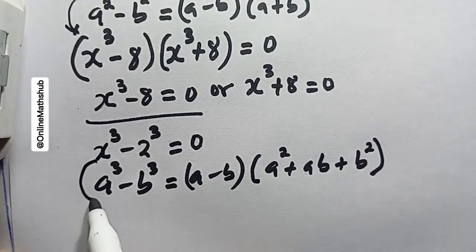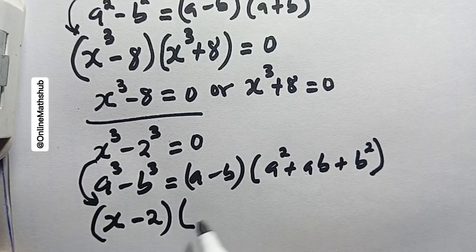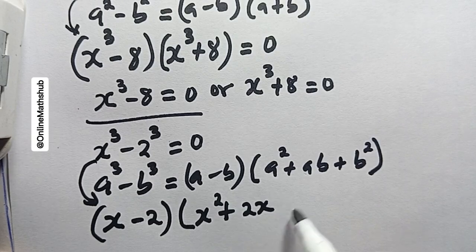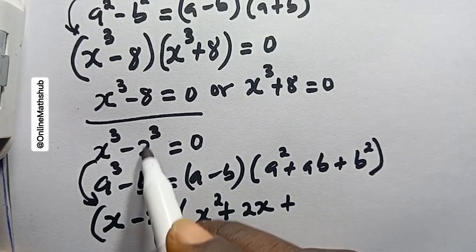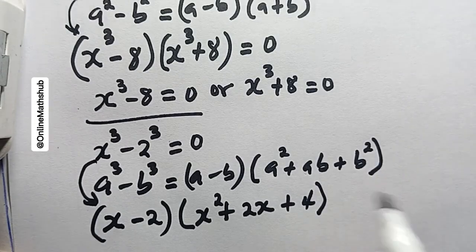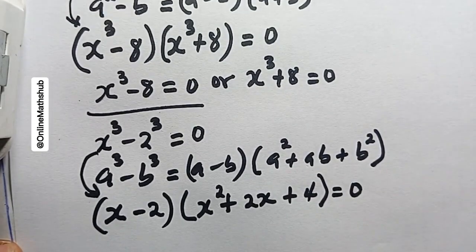So this will change to x minus 2, multiplied by x power 2, and then plus 2x, and then plus 2 power 2, which is equal to 4. And of course it's still equal to 0.